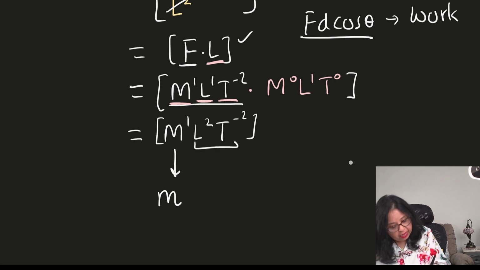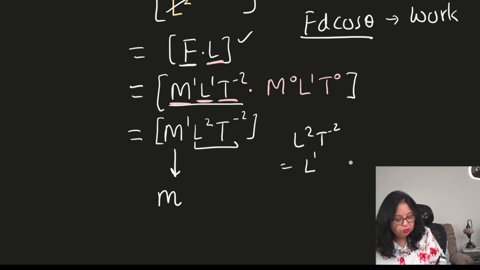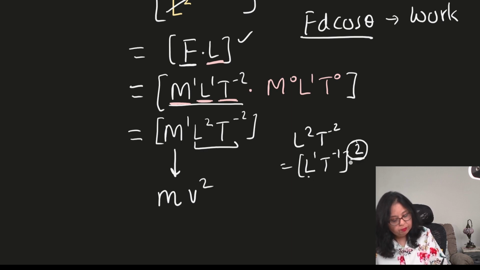And L squared times T to the minus 2 can be written as (L1 T minus 1) to the power 2. Now L1 T minus 1 is velocity. So here, this gives you velocity squared, because L squared T minus 2 gives you v squared, except for a factor here, which could be 1/2.